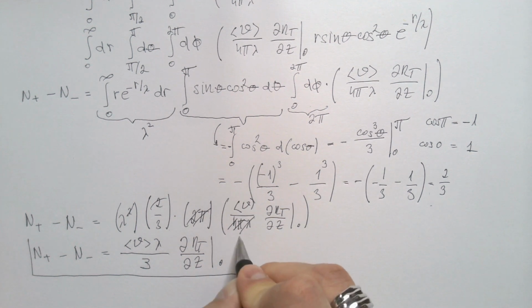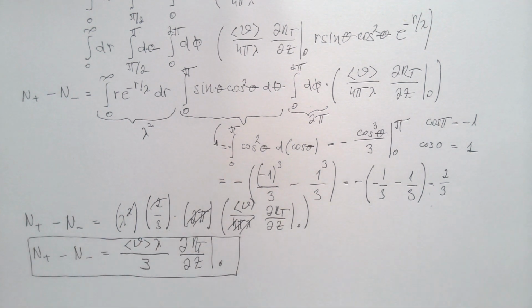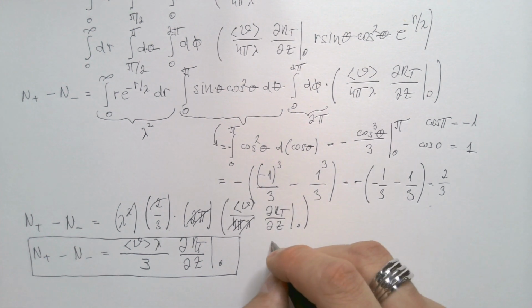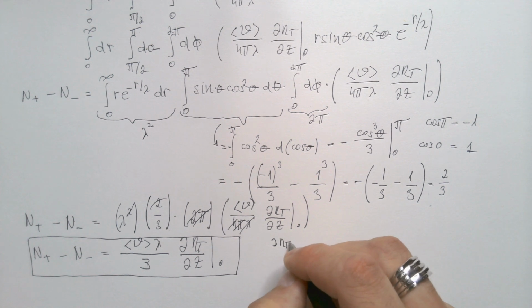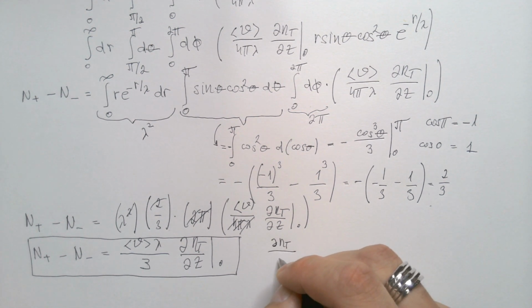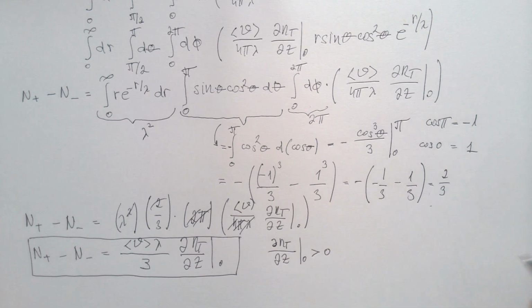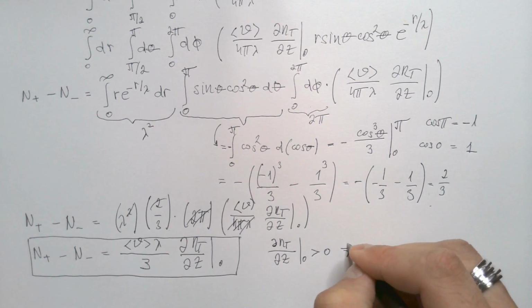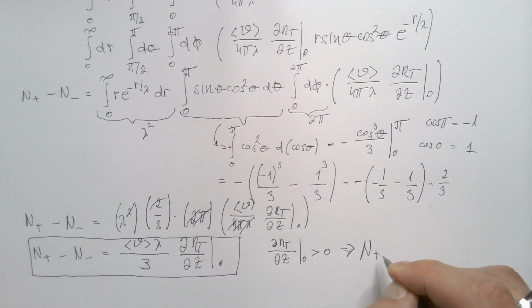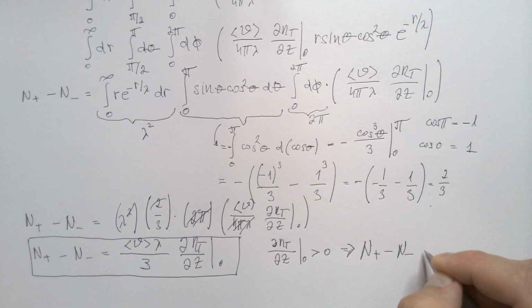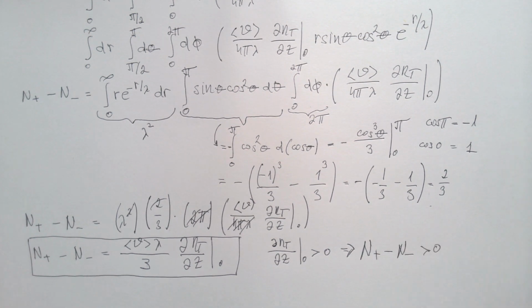Very, very important result, and effectively the end of our derivation. Notice that if delta n_t over delta z evaluated at 0 is positive, that means that n plus minus n minus is also positive.